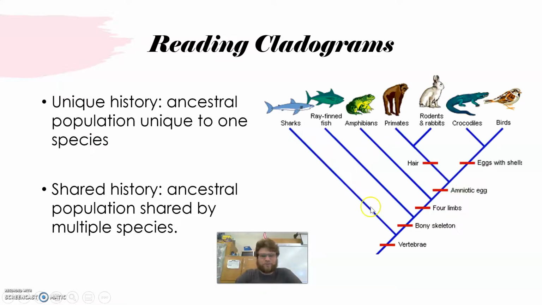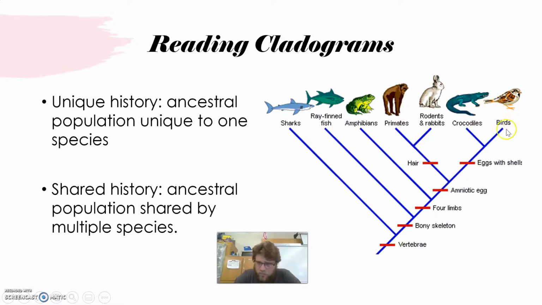So if I look at this whole long line with sharks, that's a unique history for sharks. So these populations of organisms, ancestors of sharks, changing, undergoing natural selection, mutating, leading to sharks. But if I look here, this part is a shared history with all life.